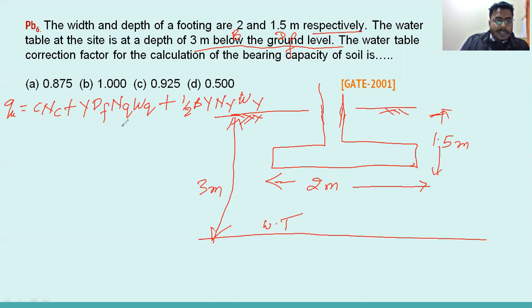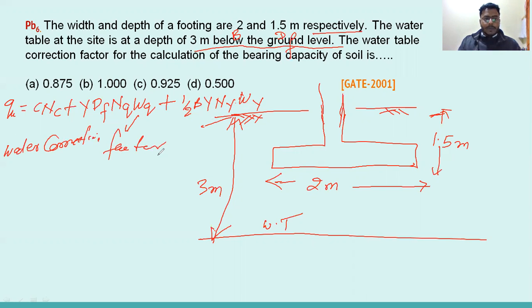So here you can see there are two water correction factors, Wq and W gamma. For the second term, there is a water correction factor Wq. For the third term, there is a water correction factor W gamma.